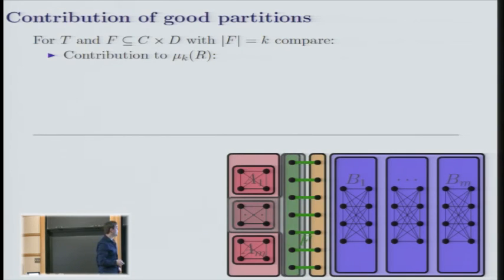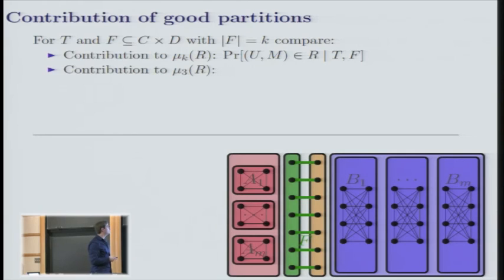So what are we doing? We're checking what's the probability that, if we extend those k nodes to cuts and those edges to a matching, this is in our rectangle. That's some probability.